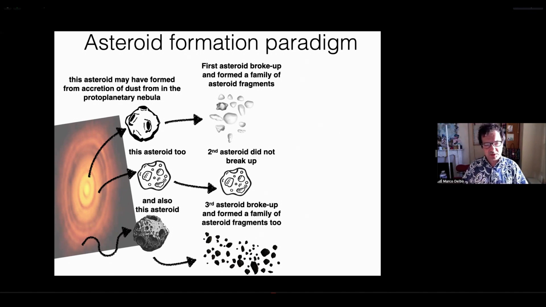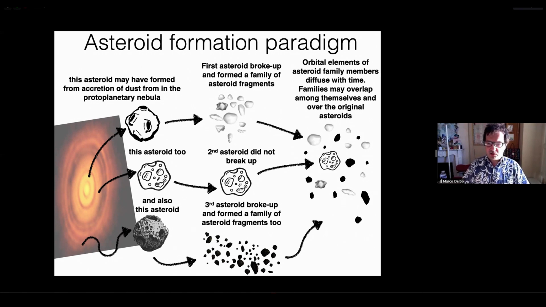However, some planetesimals might never experience this catastrophic breakup, and so they're still there in today's main belt, preserved as they were originally formed in the protoplanetary disk. Let me just draw your attention to the fact that there are families of fragments that have different albedos and different compositions, which are painted here, one white and one black.